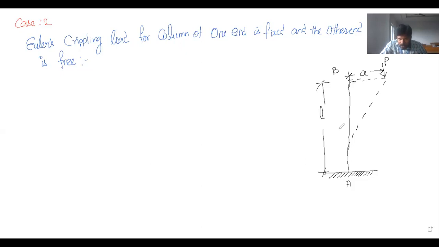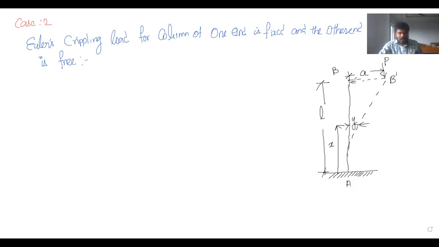With respect to the x distance from the end A, the deflection value we take as y. The position of column AB after the application of load is going to change to AB dash.